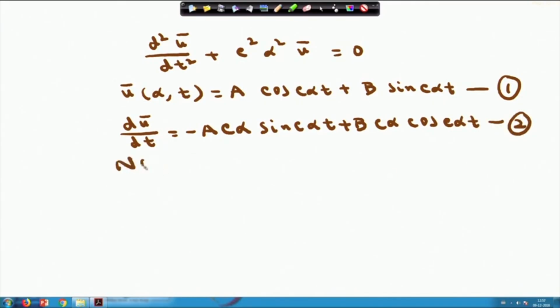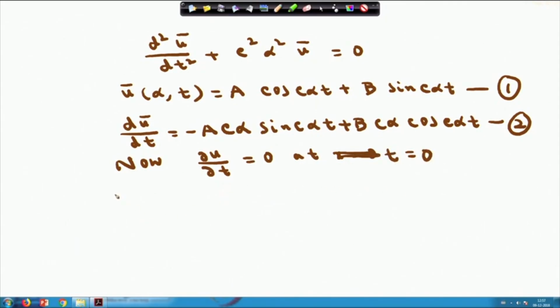Now, we know that ∂u/∂t equals 0 at t equals 0. It is given to us.